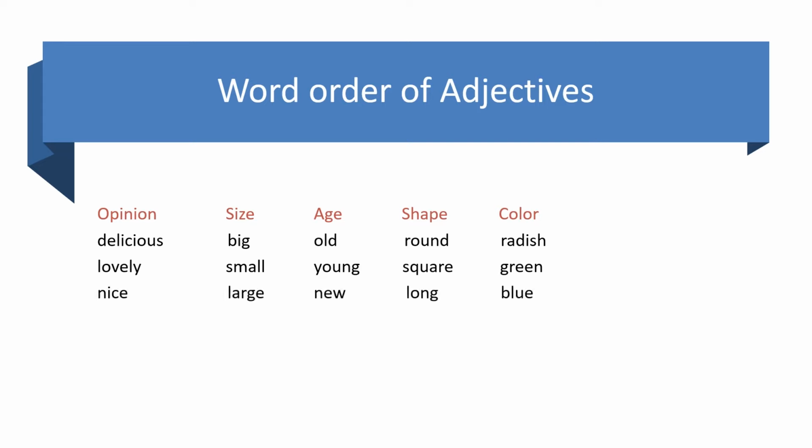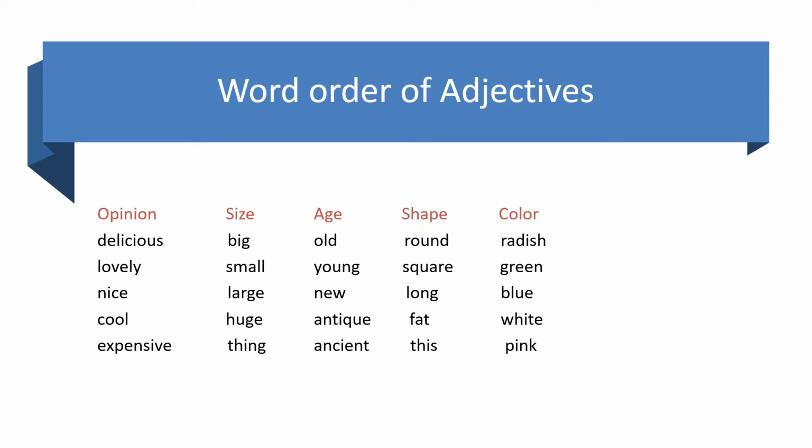Next example is nice, which is an opinion, large, size, new is age, long is shape and blue is the color. Moving on to next, cool is the opinion, huge is size, antique means age, fat is shape and white is color.